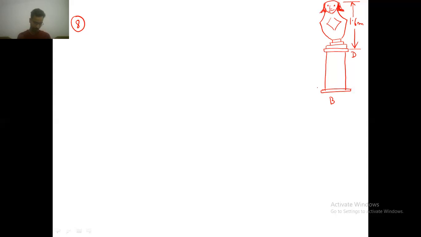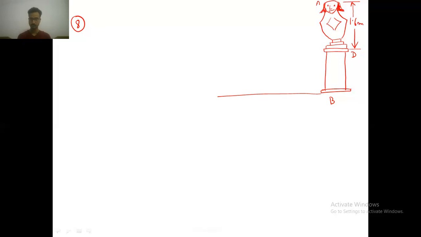Okay. Now from a point on the ground, suppose this is the ground. From a point on the ground, the angle of elevation of the top of the statue. Now see, suppose point A is the top of the statue.